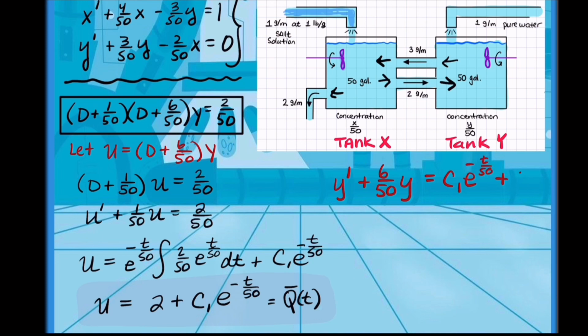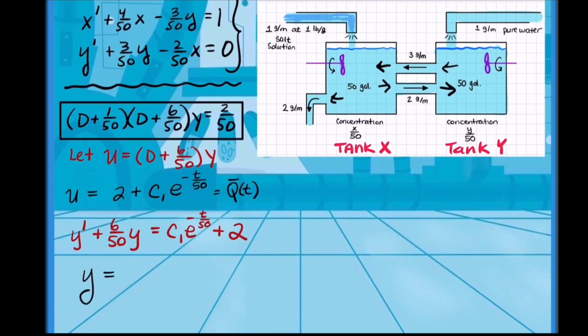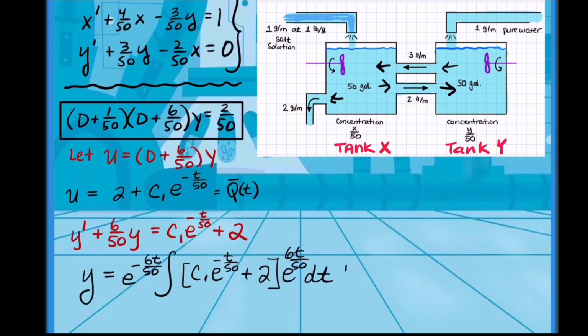we get this differential equation for y, and the solution again by integration becomes e to the negative 6t over 50 times the integral of what we just found times e to the 6t over 50 power dt plus a new constant times e to the negative 6t over 50, that integrating factor.